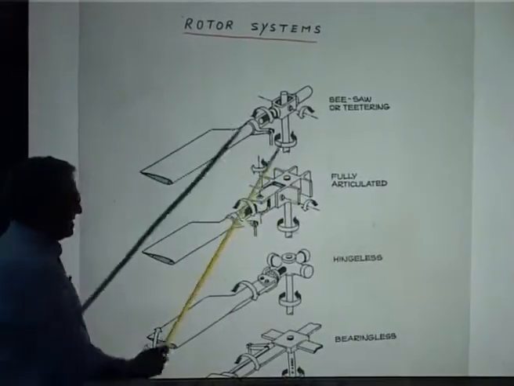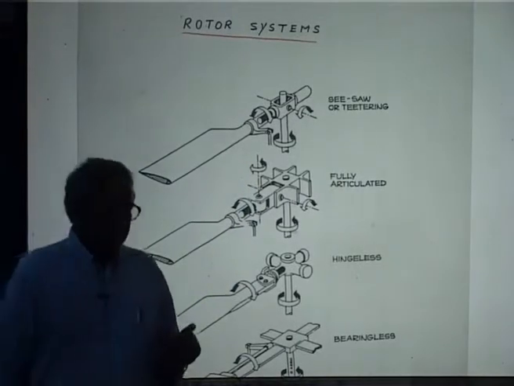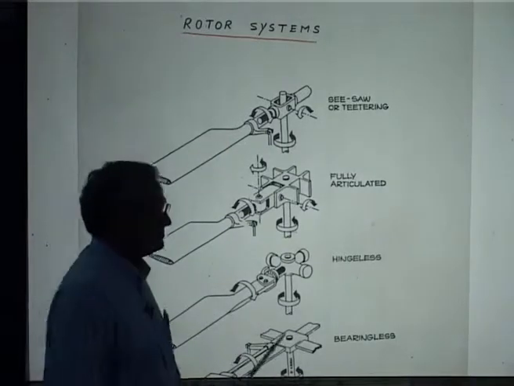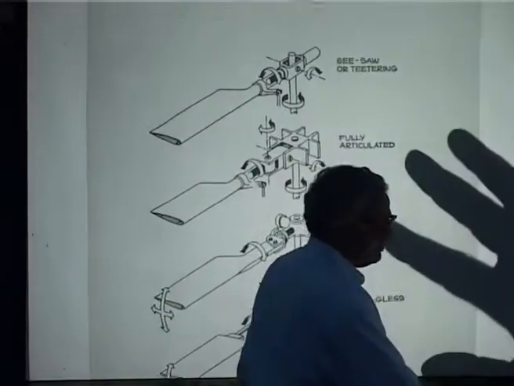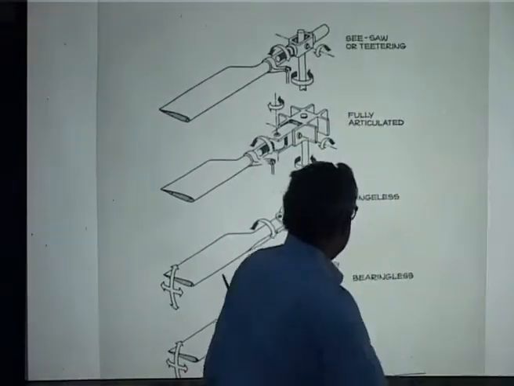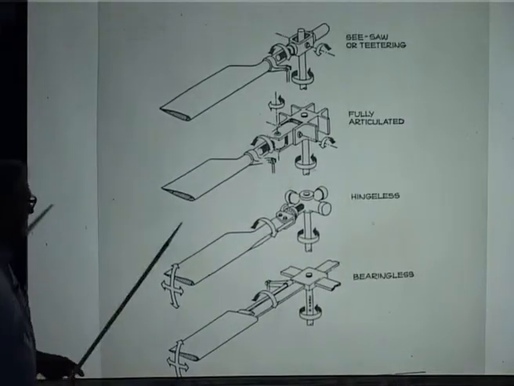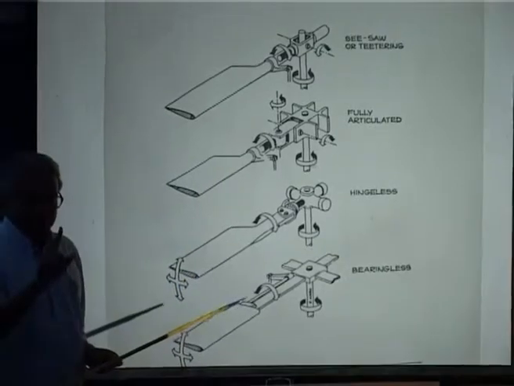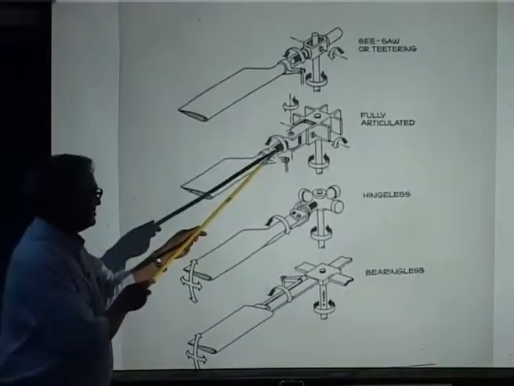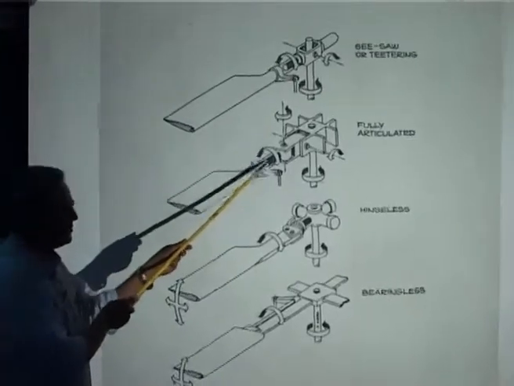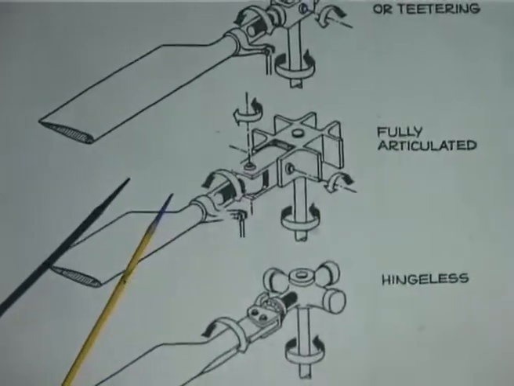Now, this is another rotor system which is called the fully articulated rotor system. Okay. In this you need to have a pitch bearing, that is what this semicircular arrow represents, I can change the pitch angle.